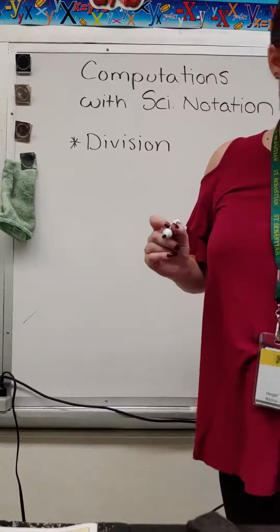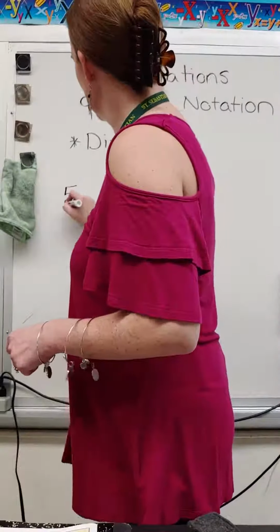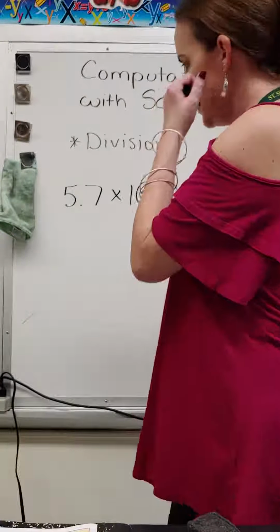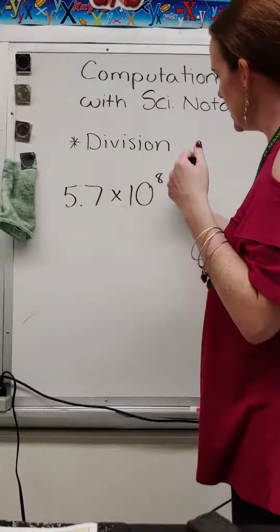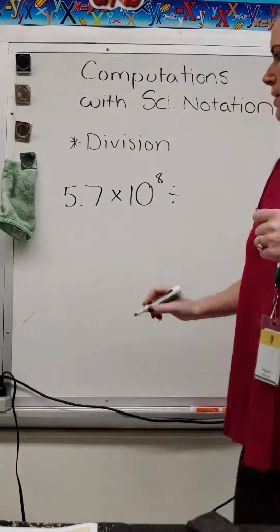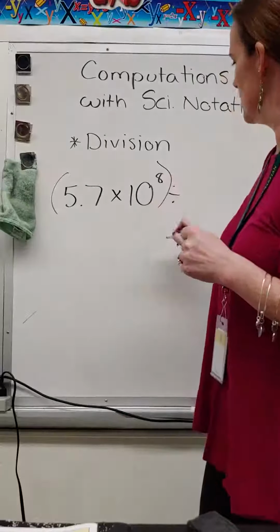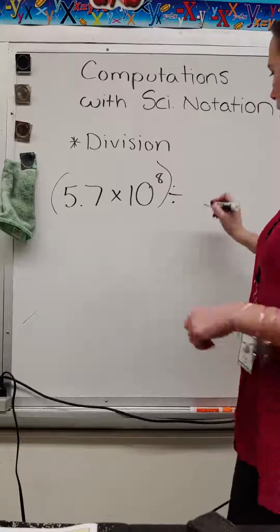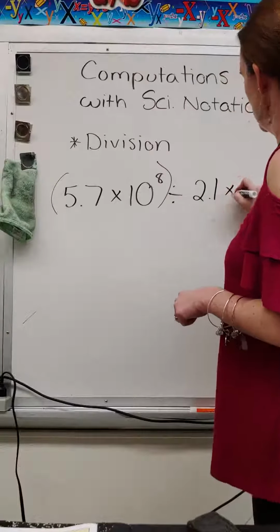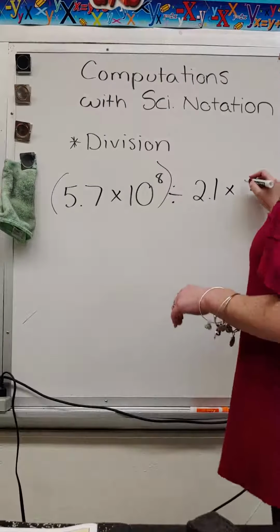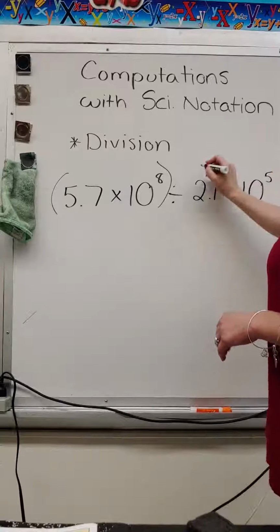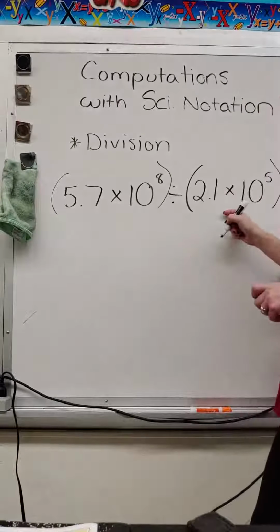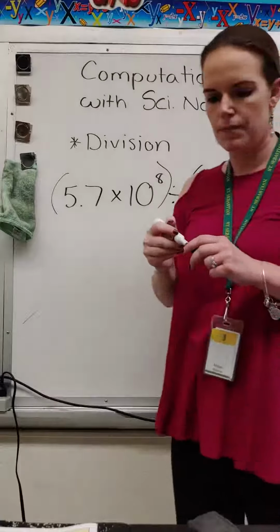So say we have something like 5.7 times 10 to the 8th, and we are dividing that by 2.1 times 10 to the 5th. So this scientific notation divided by this number in scientific notation.